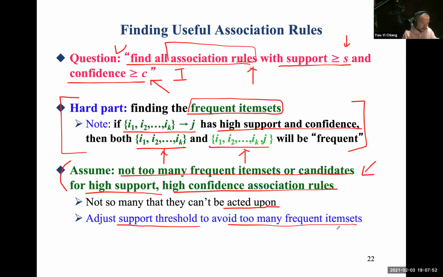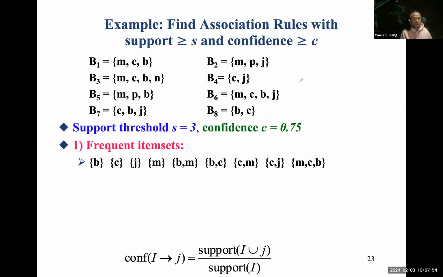What does that mean? Let's look at here. Our friend 8 baskets. We have support threshold. We have confidence level threshold. This is all your frequent item sets. All right.